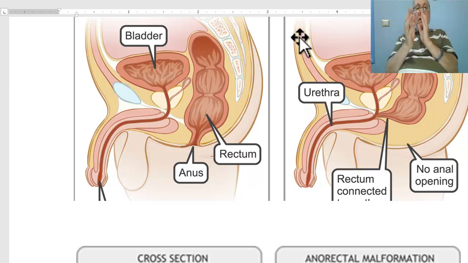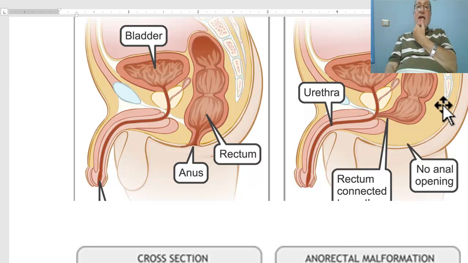After 3 to 6 weeks, we perform an operation called posterior sagittal anorectoplasty. Why is it called posterior sagittal?